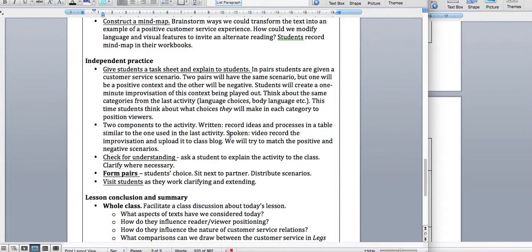Perhaps because it's a spoken task that we're asking them to do, perhaps we could ask them to do a written version of it instead. If they're stronger at their written English, then ask them to write it instead. Perhaps you could give them a little bit more of a structure for the scenario. So it's just adding in a little bit more and modifying what we're doing to make sure that those students still feel like they can have a go.